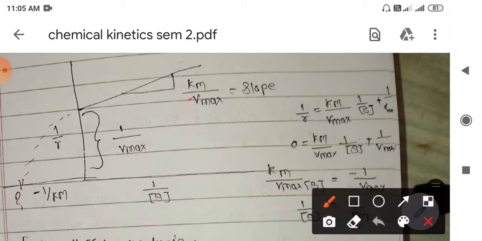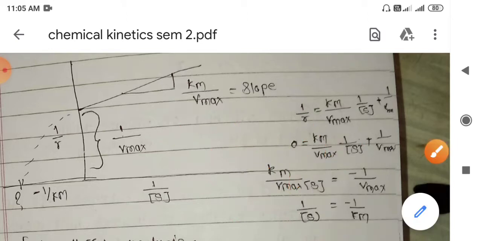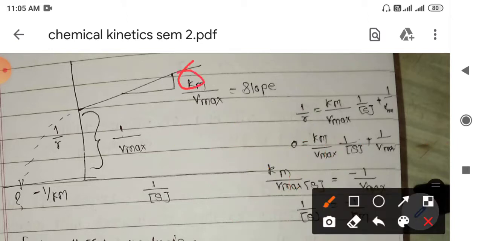So instead of 1 upon Vmax, we can simply substitute the y-intercept. If you want to find the Km value, Km is slope divided by y-intercept. So this is also another form to find the value of the Michaelis-Menten constant.